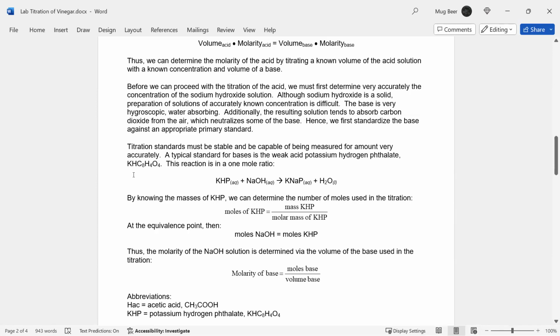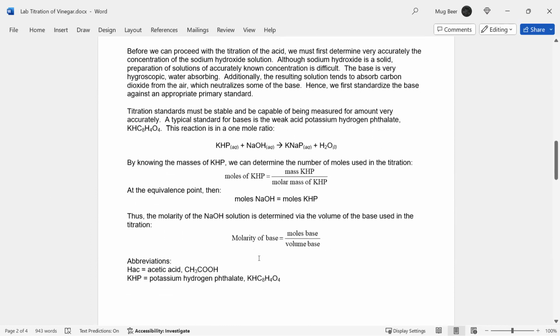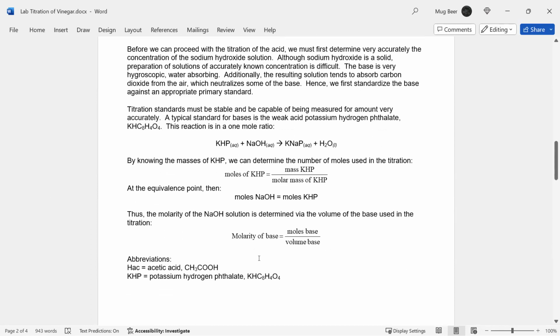And then from that, you can back calculate what the sodium hydroxide's actual concentration is. If it's actually 0.1 or if it's 0.09 or if it's 0.11, whatever it is. And then once you have that concentration of sodium hydroxide, then you can go and titrate the actual thing that you're looking for.